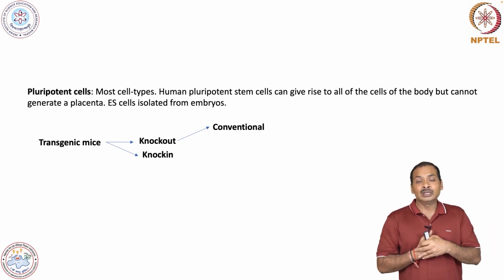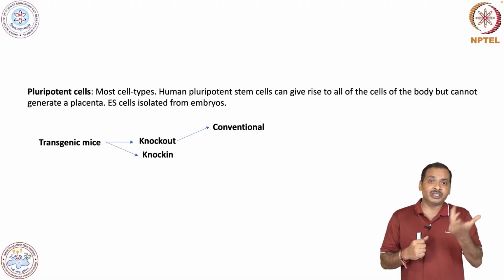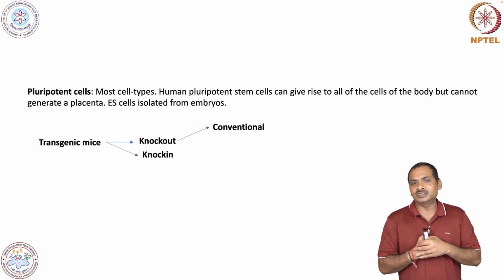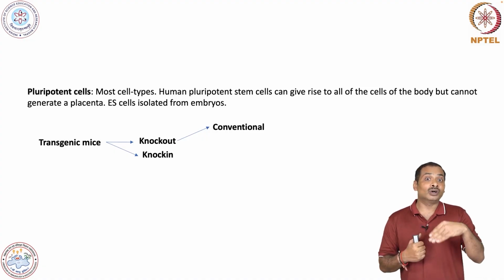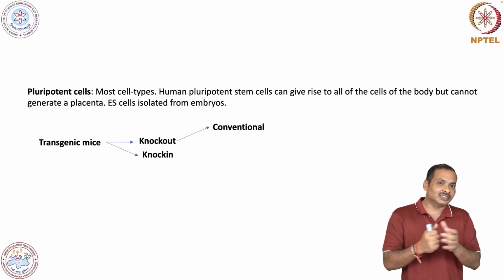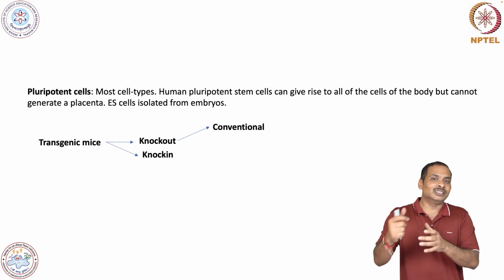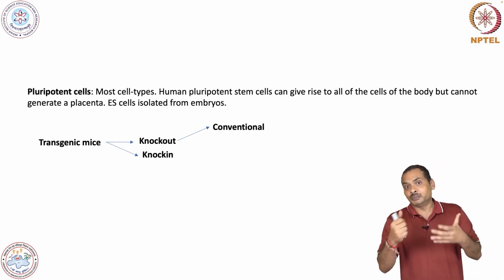But sometimes what happens is, if this gene is involved in the development process, then inactivating it will cause embryonic lethality, meaning that after fertilization of the egg by sperm, the embryo cannot develop because this gene is involved in the development process.